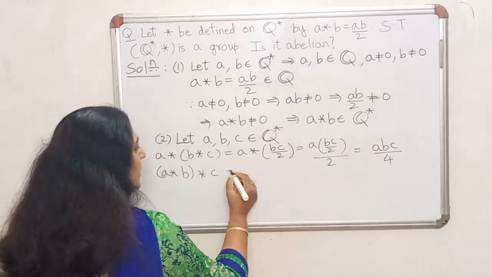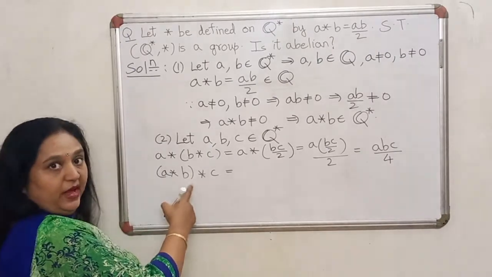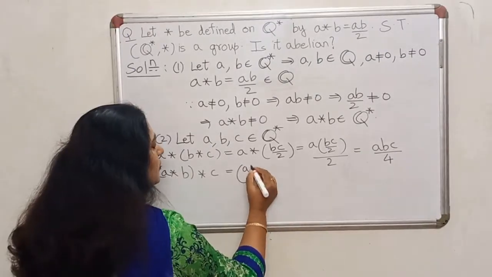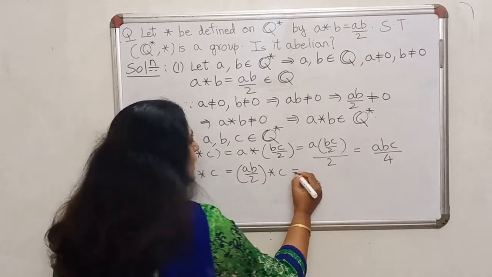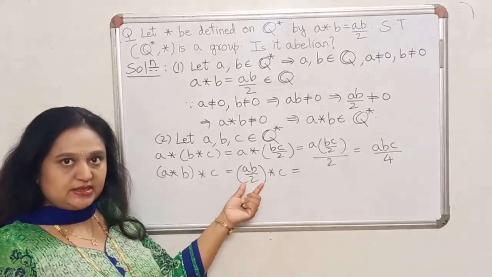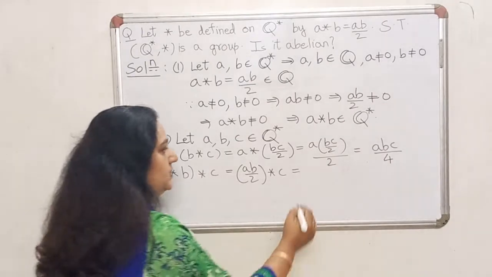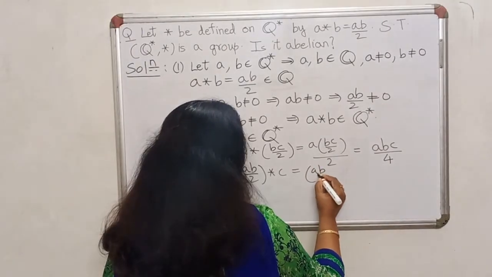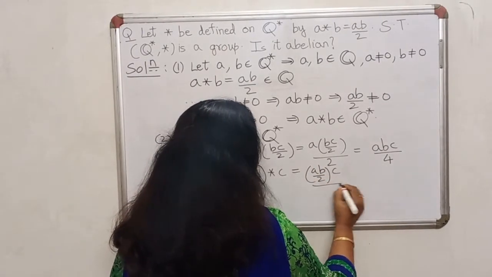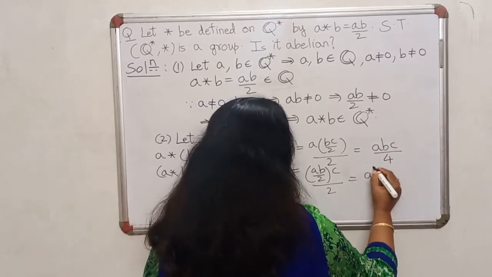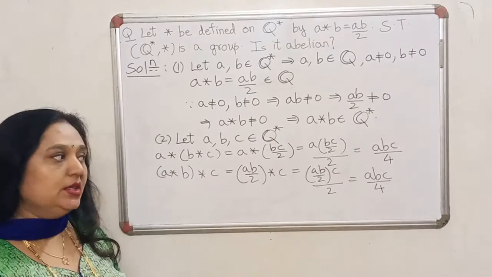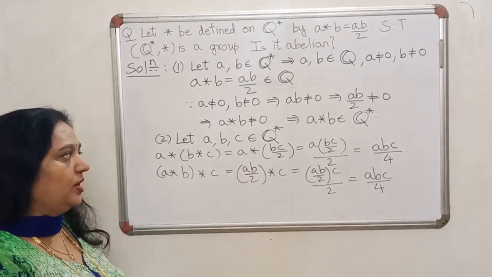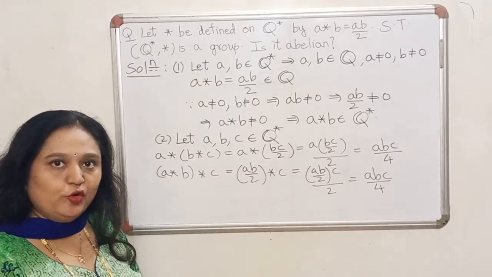Likewise, if I simplify this, I need to first simplify A star B, which is AB upon 2. Let's take star with C. Now my first element is this element inside the bracket. Second element is C. So when I simplify, I'll get first element multiplied by the second divided by 2. And after a little bit of simplification, this expression is also going to turn out to be ABC upon 4.